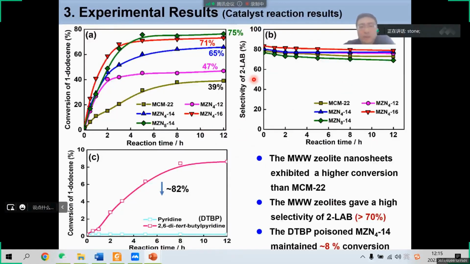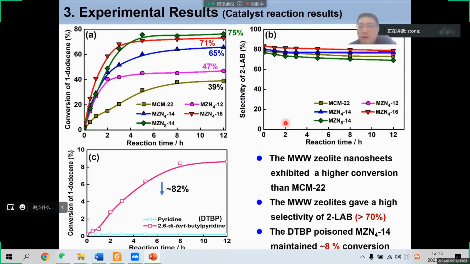This picture shows the catalytic data for the MWW zeolite and conventional MCM-22. From picture A, we find that compared to conventional MCM-22, the resultant MWW zeolite exhibits higher conversion, because the MWW zeolite has a higher concentration of external Bronsted acid sites.